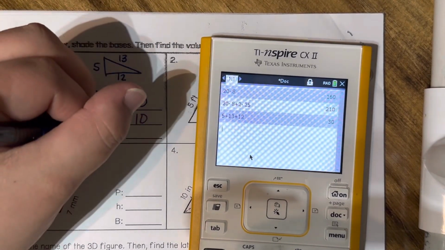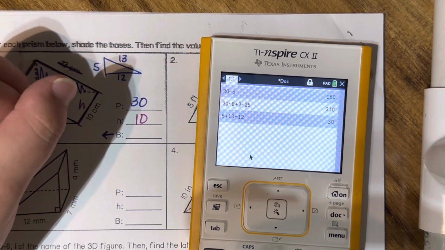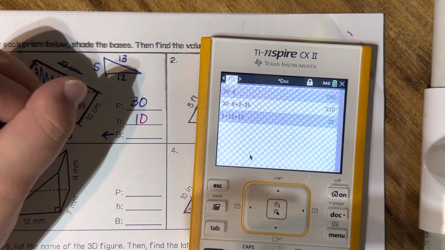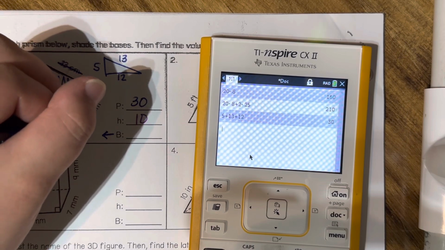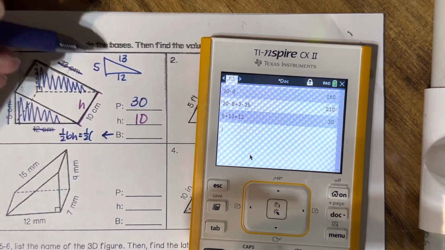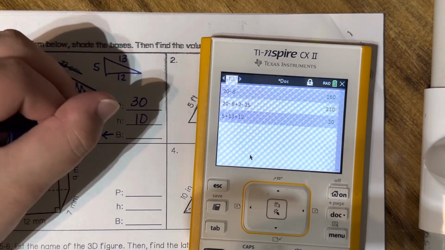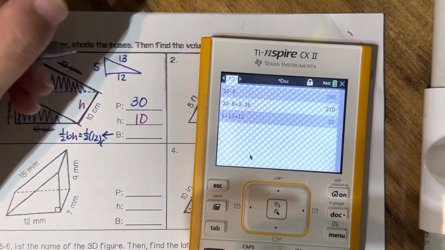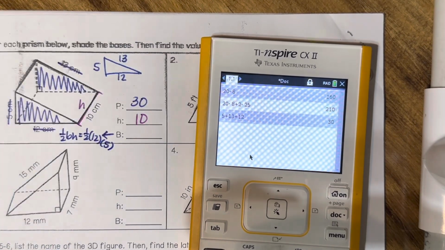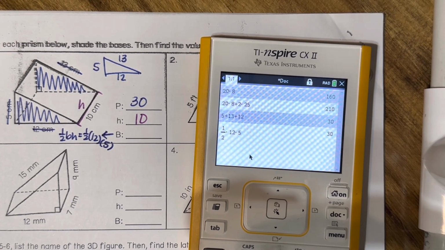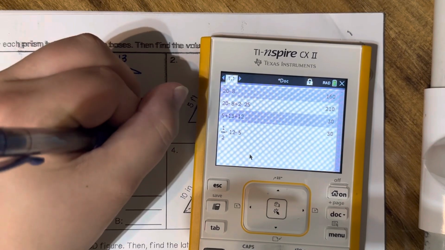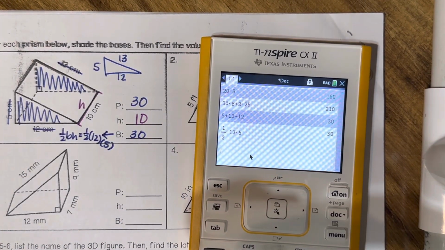Now for big B, we're going to use the formula 1/2 base times height. So I have 1/2. The base of my triangle is 12, and the height of my triangle is 5. So in my calculator, I have 1/2 times 12 times 5, and I also get 30. So that is how you find your P, H, and B of a triangle.